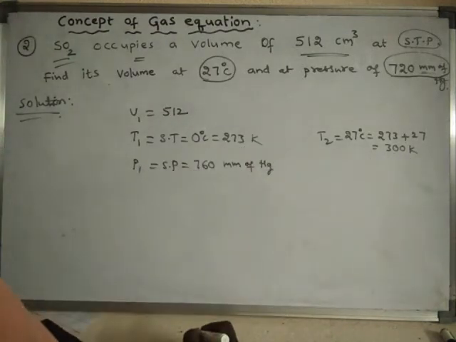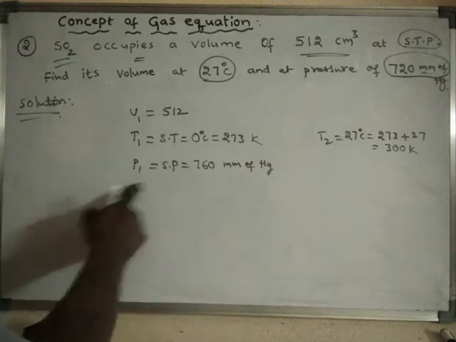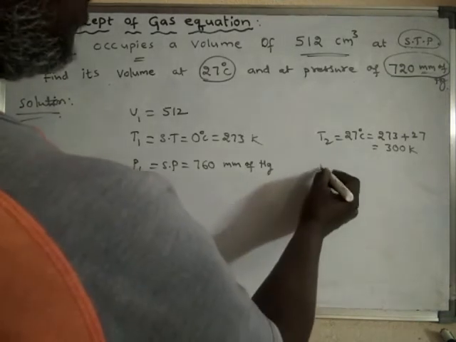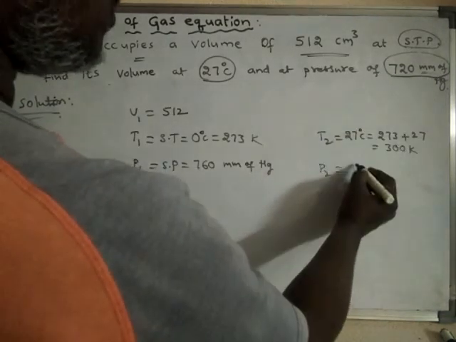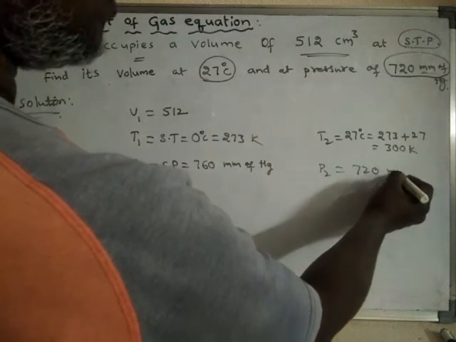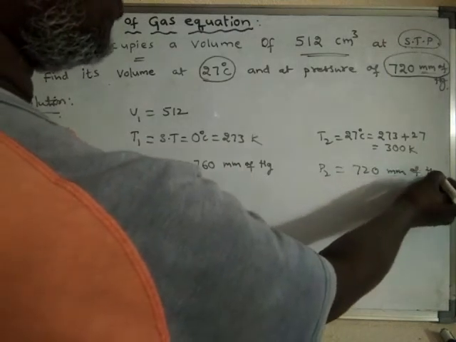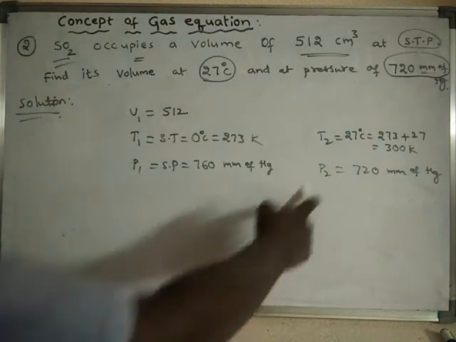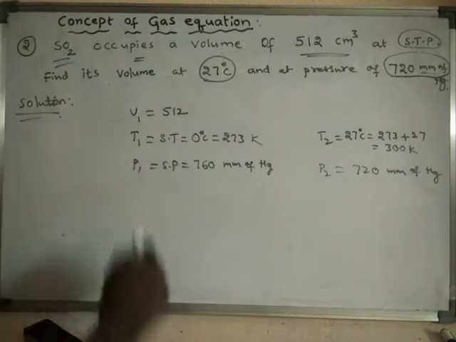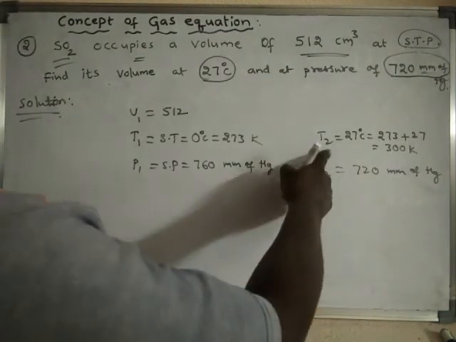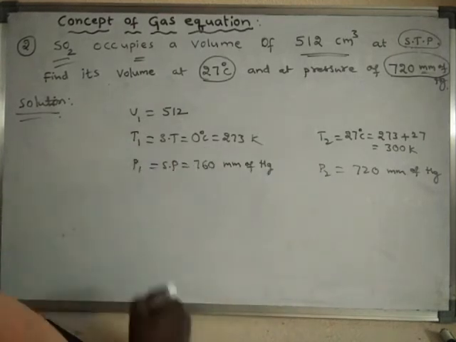So the initial pressure is changed from 760 millimeters to how much? 720 millimeters of mercury. So this will become the final pressure and this will be the initial pressure. So this will be the final temperature and this will be the initial temperature.